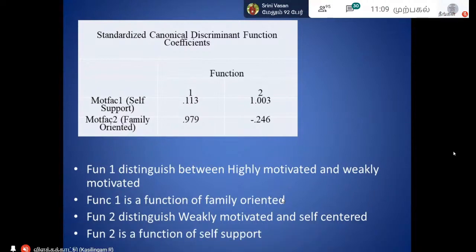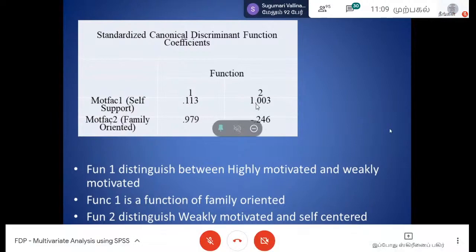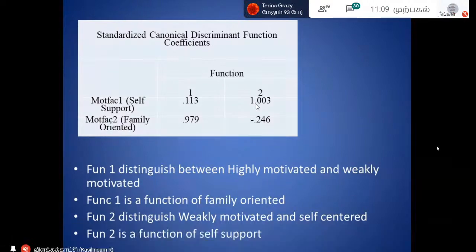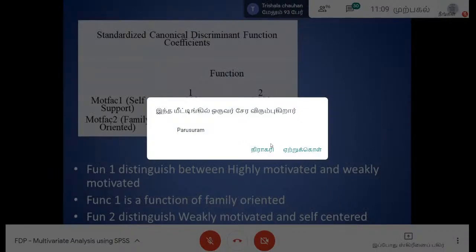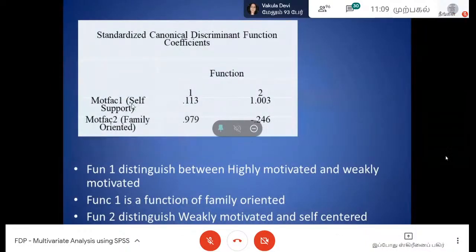Now look at function 2. This value is 1. Normally 1 will not come; it is a rare situation. Standardized coefficients are usually less than 1, but here it is very rare. Now look at the other one, it is 0.2. So function 2 is a function of self-support.